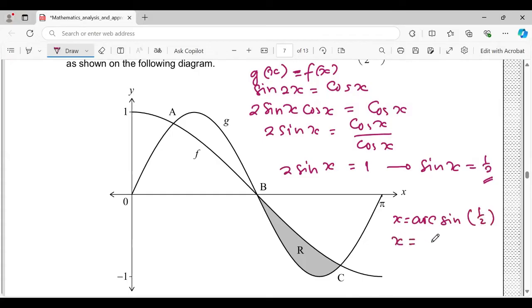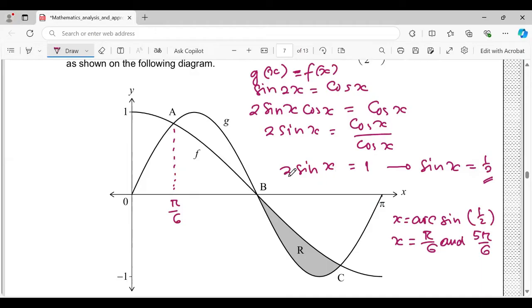So x equals pi over 6 and 5 pi over 6. So a is pi over 6 here.